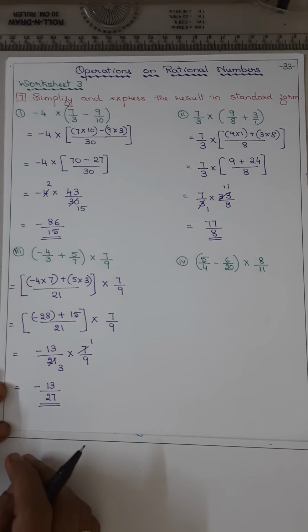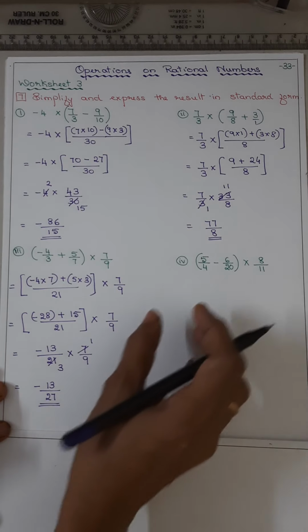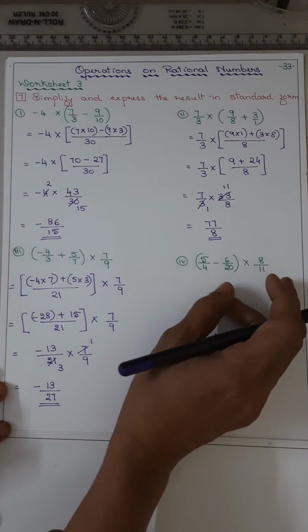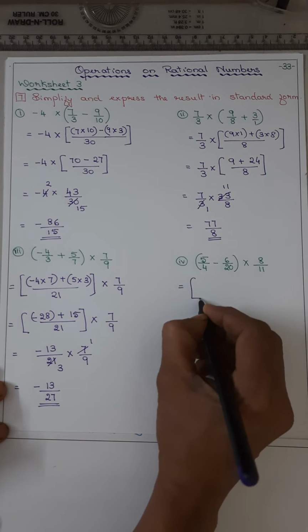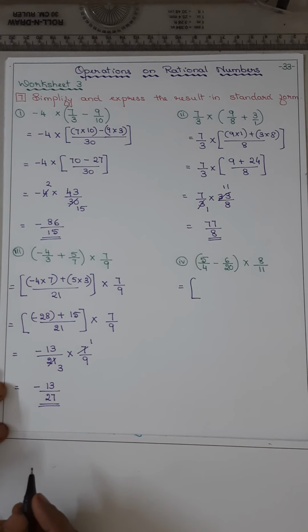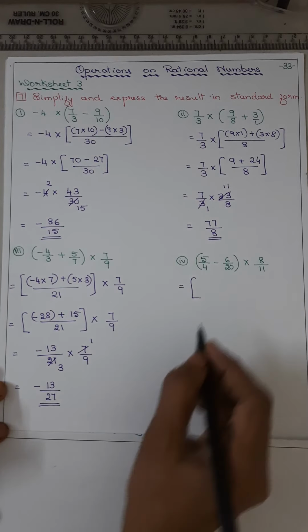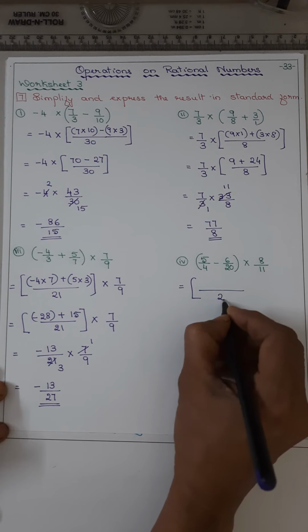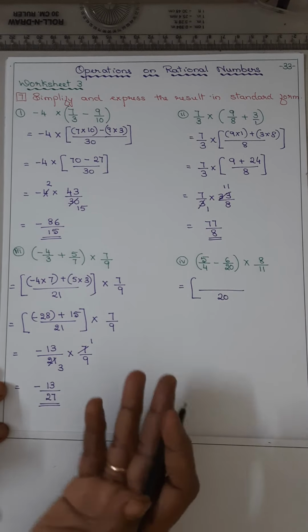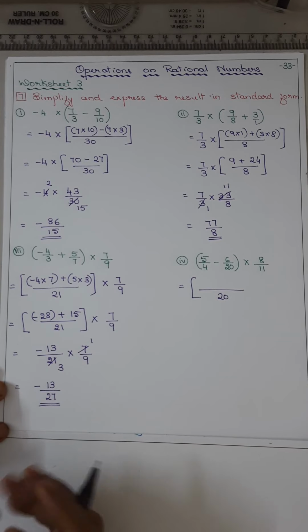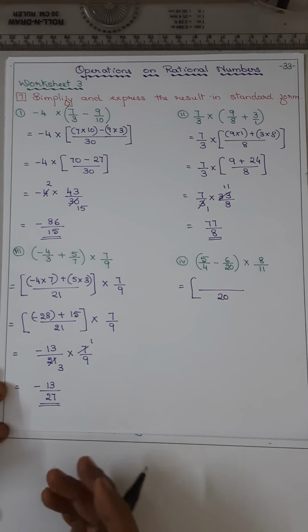Now coming to the fourth sum. Here it is subtraction and then multiplication. So the same method: 4 and 20, different denominators, take the LCM. So the LCM will be 20, isn't it? Bigger number 20. 4 5s are 20.